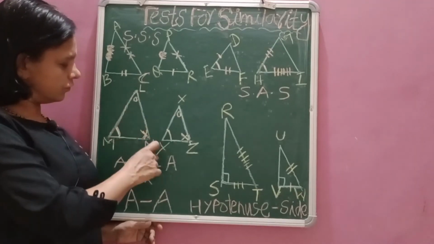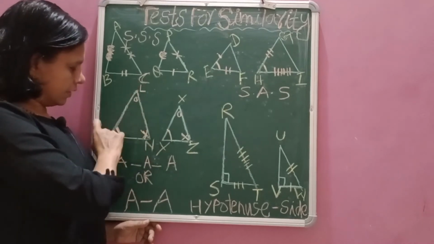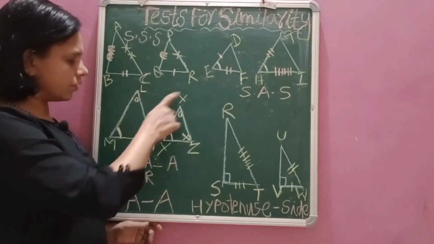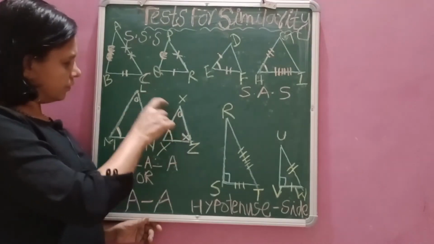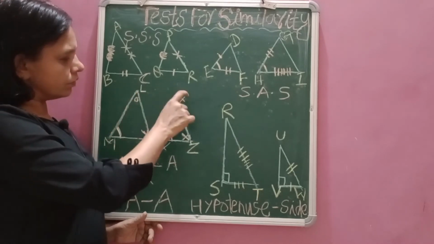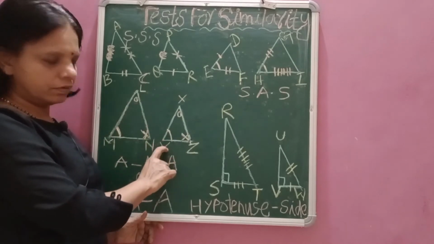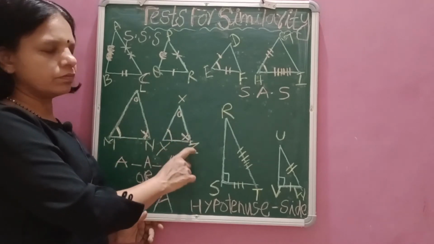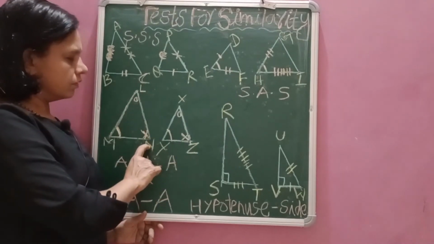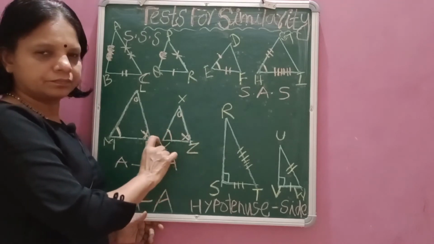So, with respect to this figure, how will we say? In triangle LMN and triangle XYZ, LMN corresponds to XYZ, and angle L is congruent to angle X, angle M is congruent to angle Y, angle N is congruent to angle Z, then triangle LMN is similar to triangle XYZ.